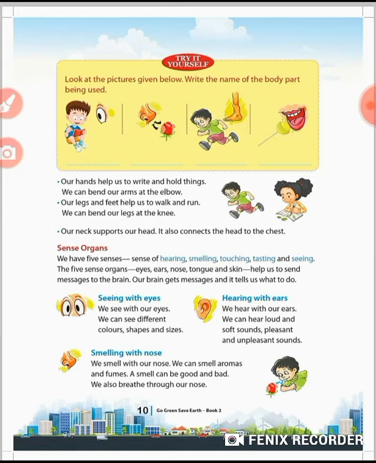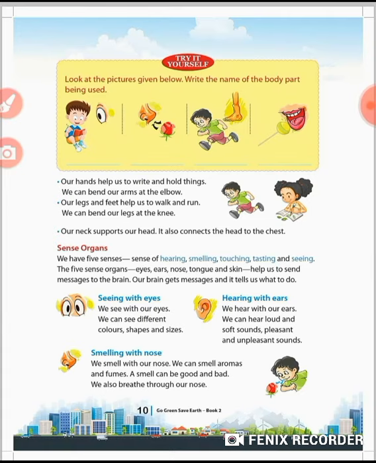Then we have sense organs. Children, we have learnt in previous class, that is in first class, about sense organs. Can you tell me how many sense organs do we have?